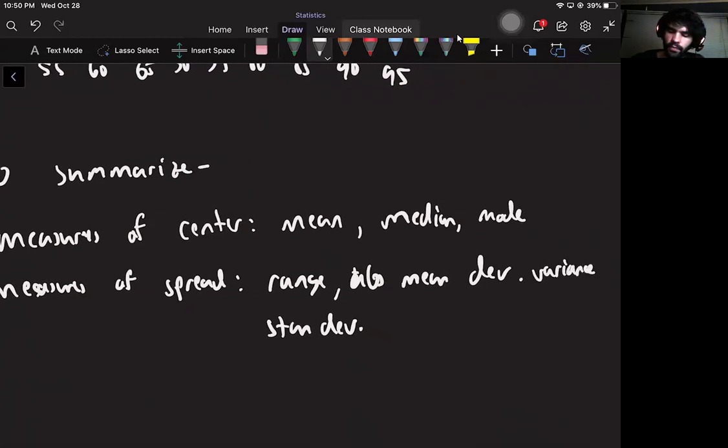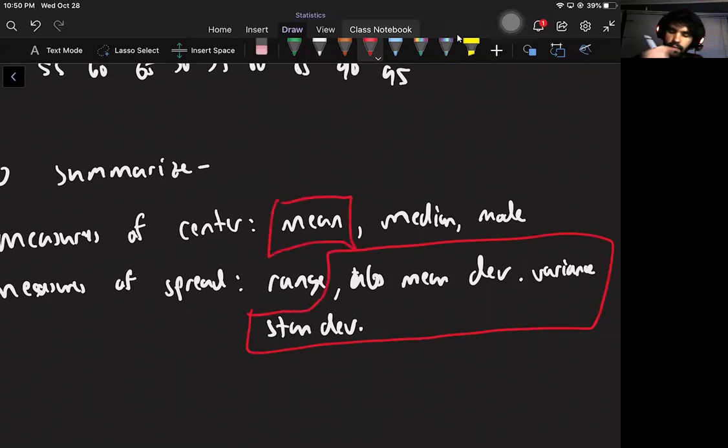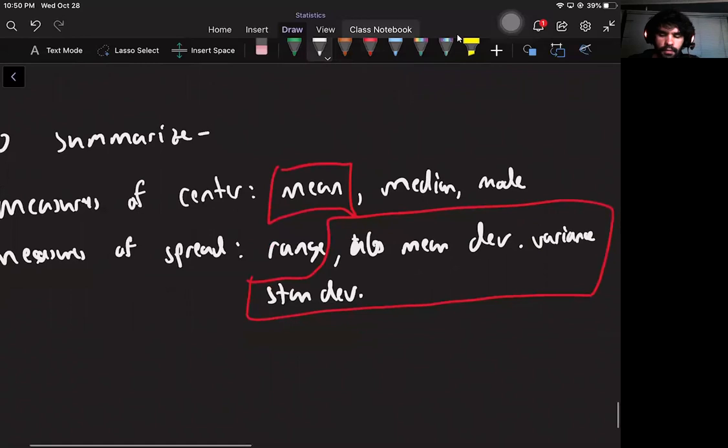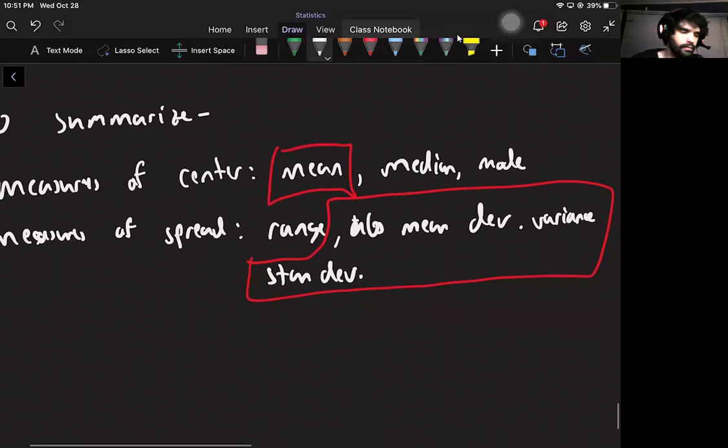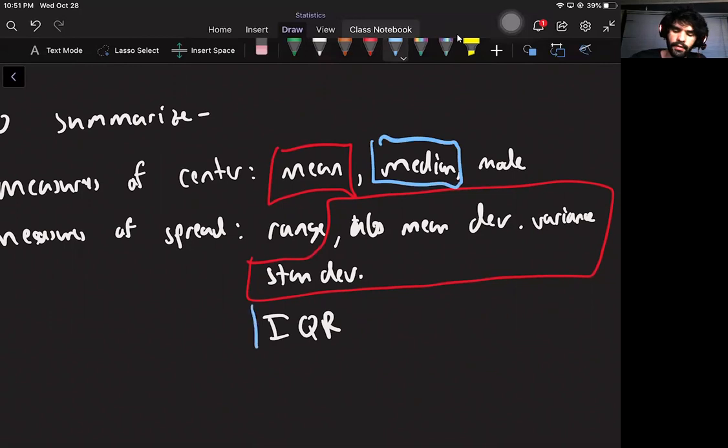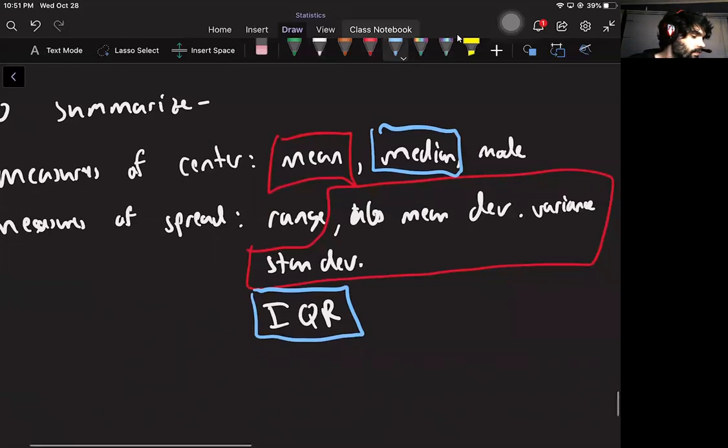Well, range doesn't, but these ones sort of go with the mean because they come from the mean. And what that means is that they're very liable to changing by a lot if you have very far away data points. And then what we did today was the IQR, which is much more robust. Doesn't get swayed so easily by far away data points because it's based on the medians.